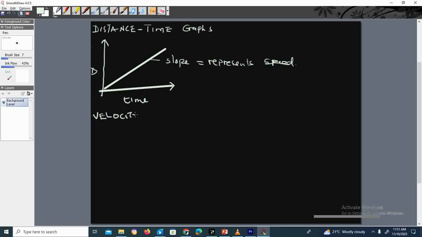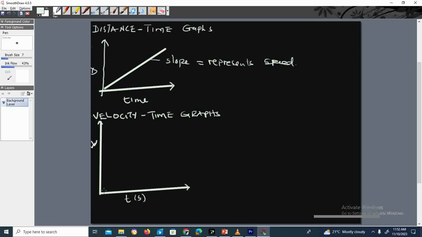Velocity time graphs. This is velocity, this is time in seconds.